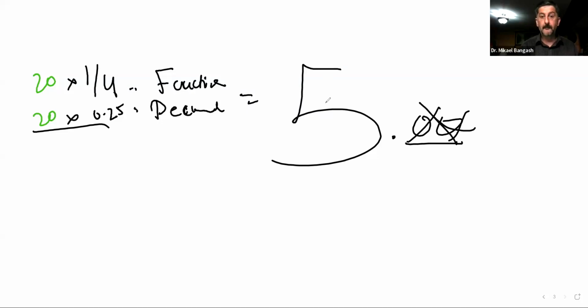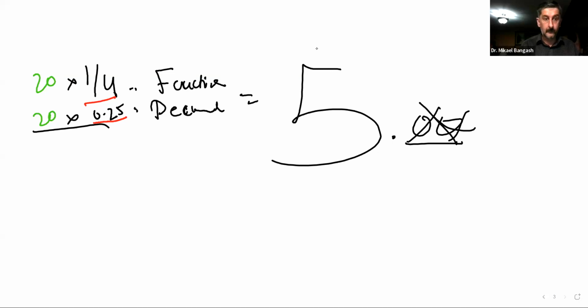Oops, sorry. As far as 0.4 or 0.25 is concerned, they work the same.